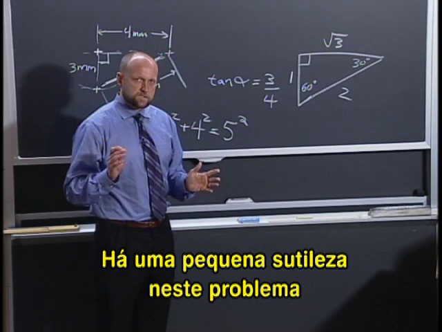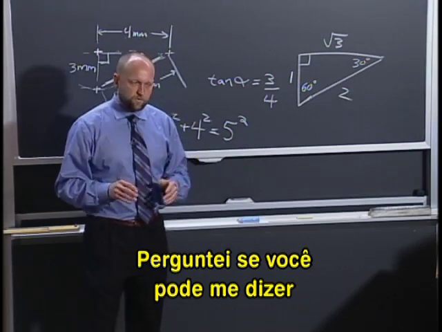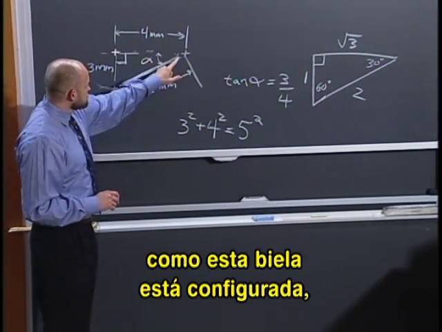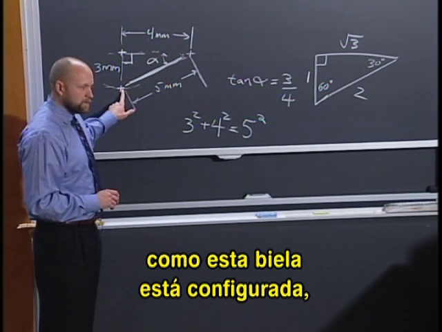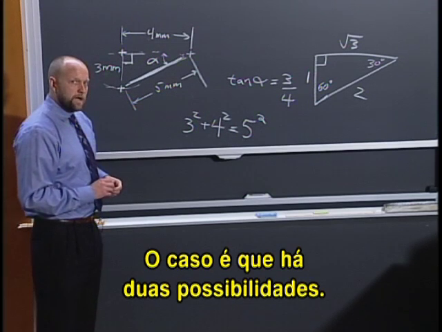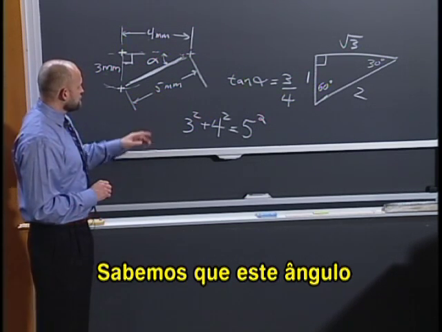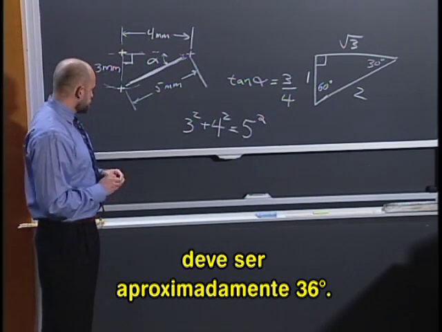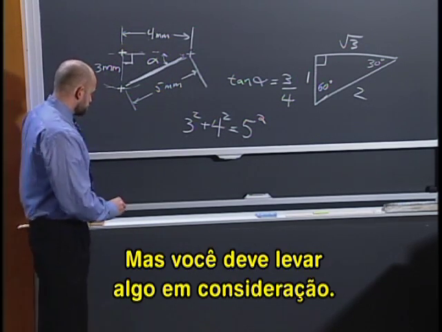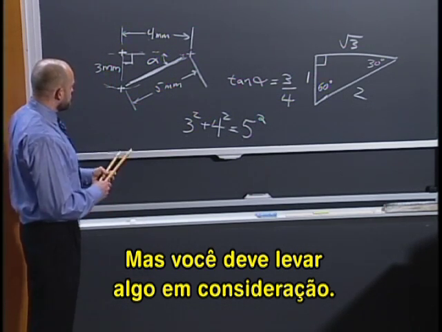Now there's one subtlety in this problem that I want to point out. I asked if you could tell me how this connecting rod is configured, given that you know these distances are 3 and 4 and 5. Now it happens to be the case that there are really two possibilities. We know that the angle in here should be about 36 degrees, but here's a consideration you might want to think about.